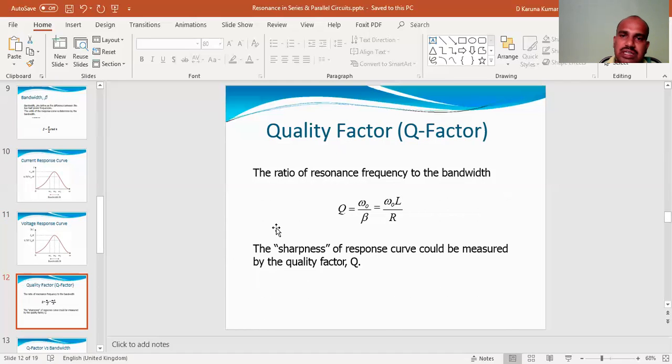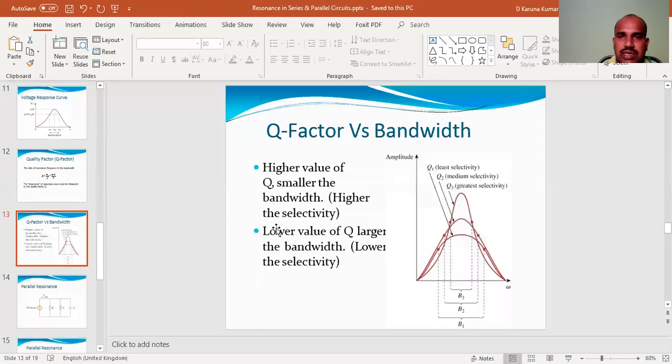The quality factor is the ratio of the resonant frequency to the bandwidth: Q equals resonant frequency by bandwidth. Since bandwidth is R by L, Q equals omega L by R.